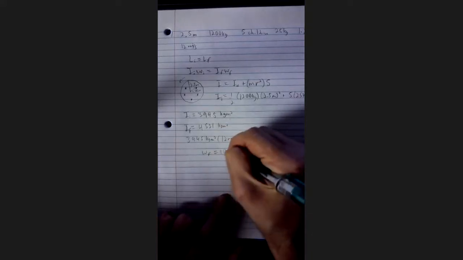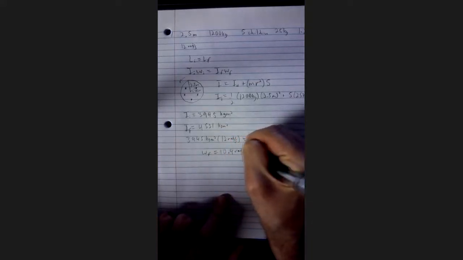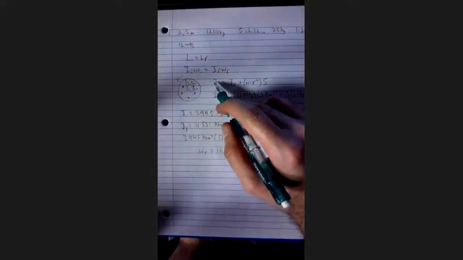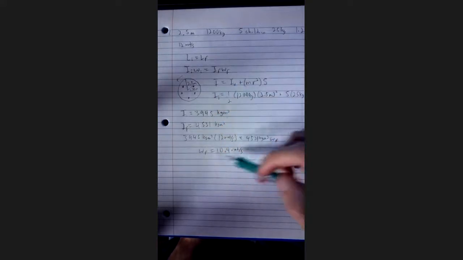So if we calculate that, it is 10.4 radians per second. So this makes sense. As the children move to the outside, the moment of inertia increases. So to compensate, the angular velocity has to decrease.